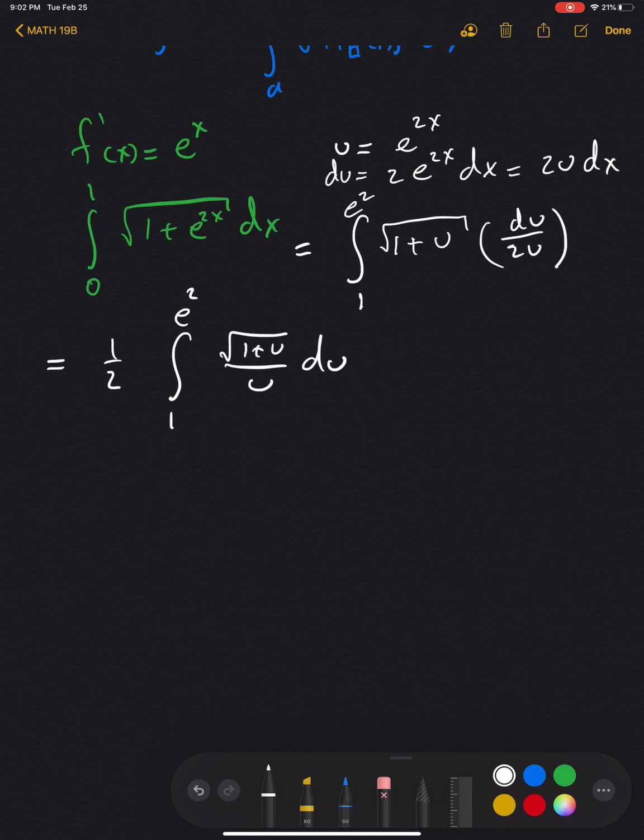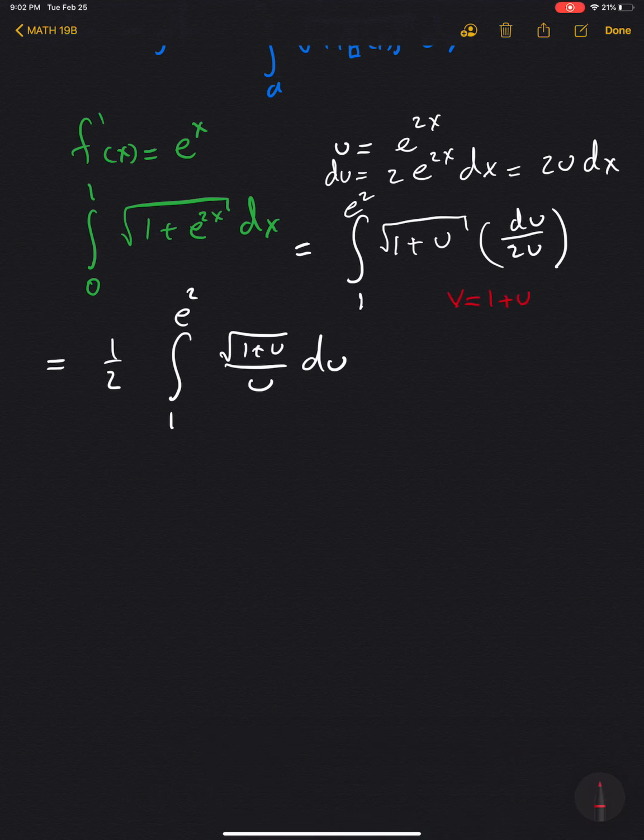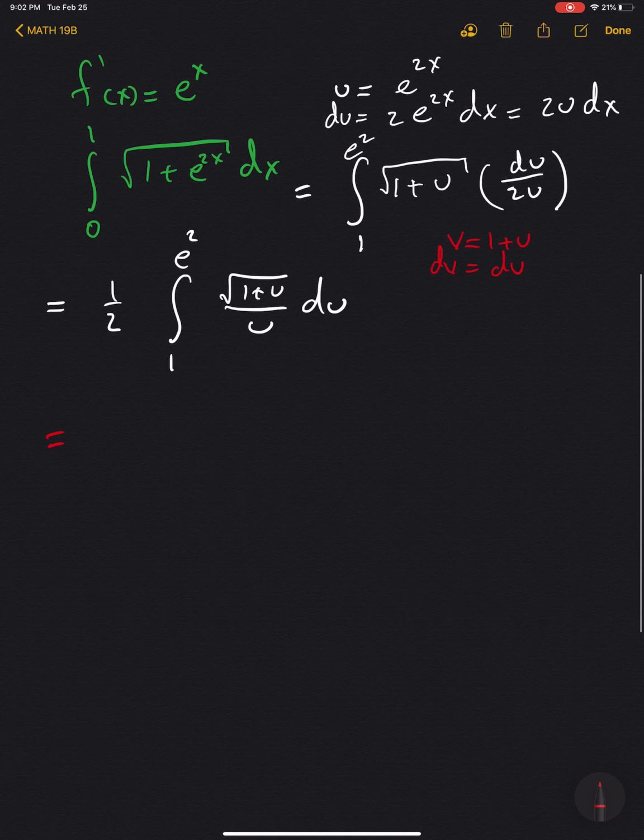So this is a nicer looking integral, but still we don't have something that we can easily work with. So a common trick is to go ahead and do another u substitution. We can do a nice substitution by setting v to be 1 plus u. With this substitution, this integral becomes 1/2 the square root of v divided by v minus 1 dv.